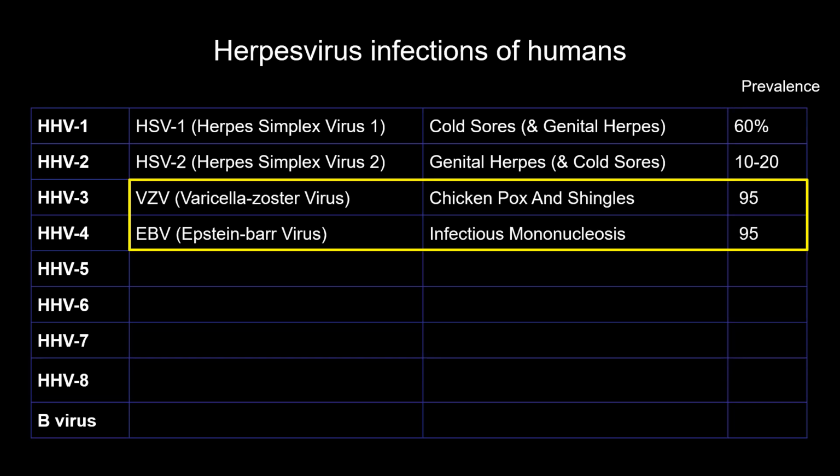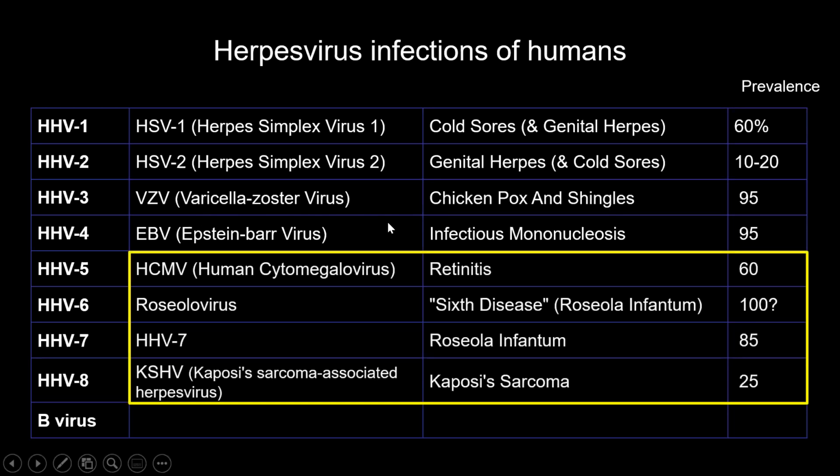So these things are pretty common, and these are also lifelong infections, which means you have them for life. If you haven't had any of those ones, then there's a chance that maybe you've had one of these herpes virus infections. You can see the roseola virus is about 100% of humans have that. I think by the time you're 6 months old, you're likely infected with it, and it is lifelong.